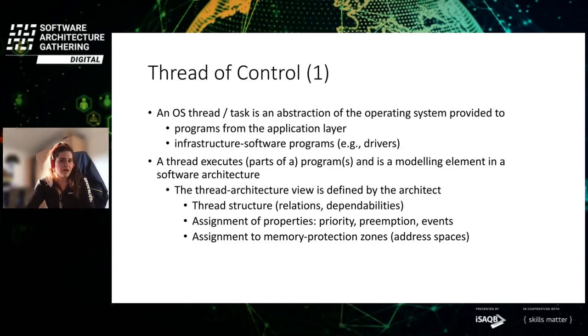And also the assignment of these properties to the task. So how important are they? Can they interrupt each other? Can they preempt each other? What kinds of events activate these threads? And also, what are the isolation zones? What are the address spaces of the threads is something also that I have to take care about in an embedded system environment.